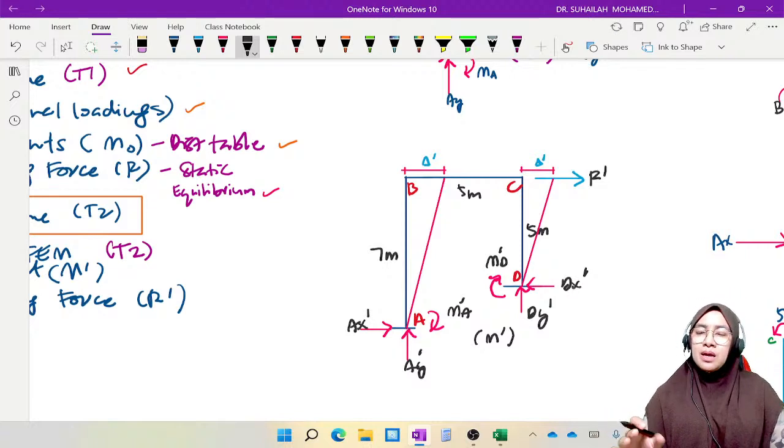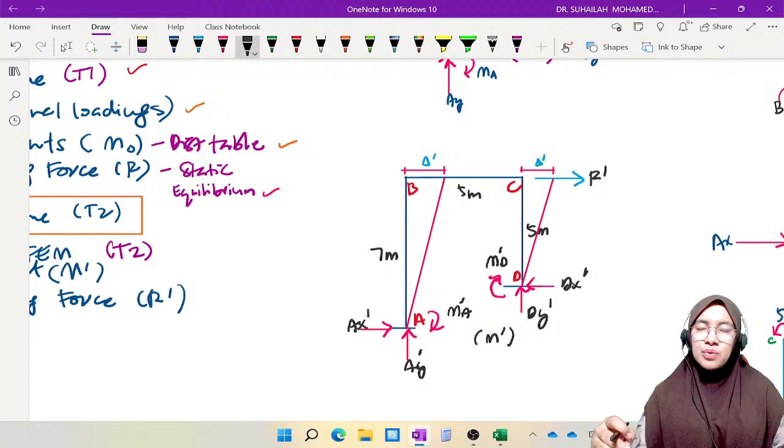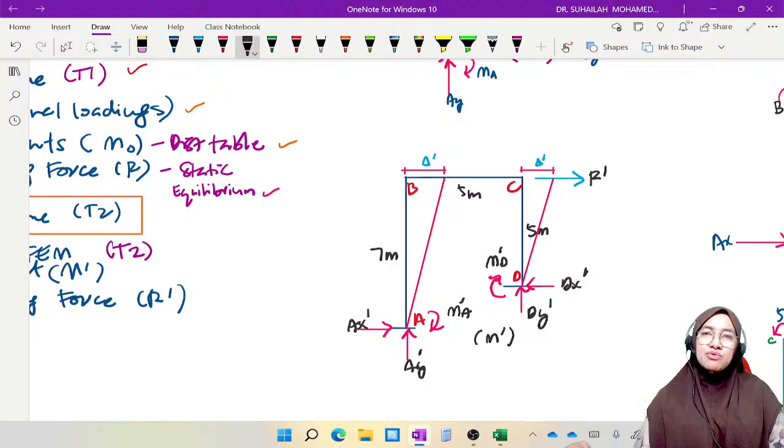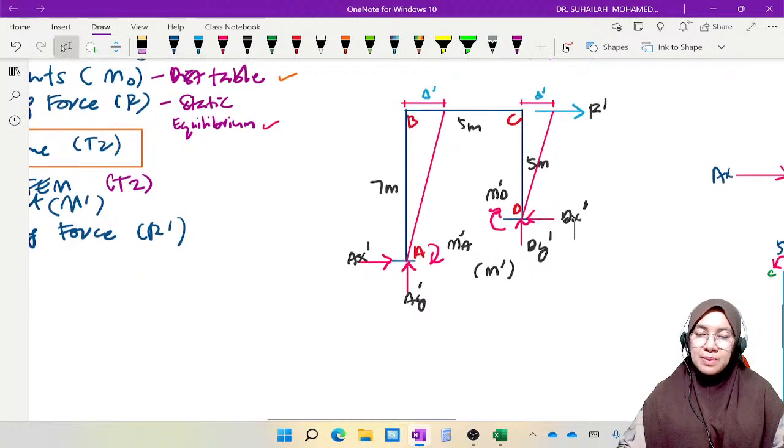But before we analyze the R value, write the shear equation for R prime, and find AX prime and DX prime. So let's move to the table first.